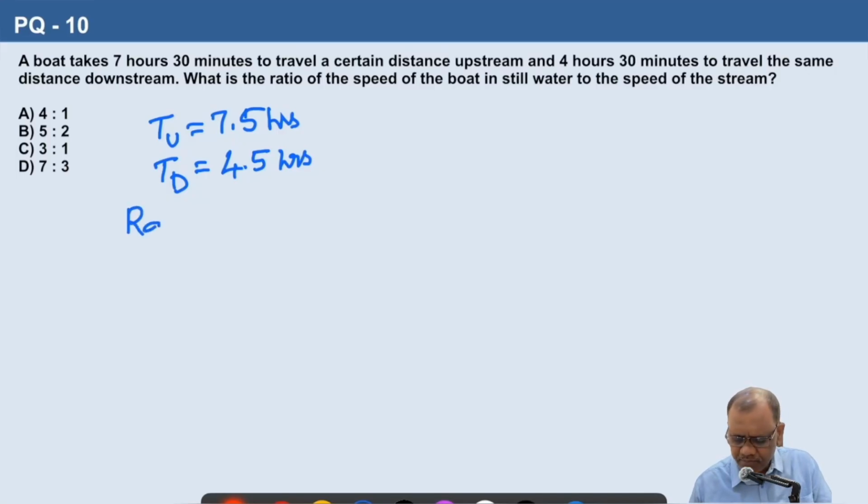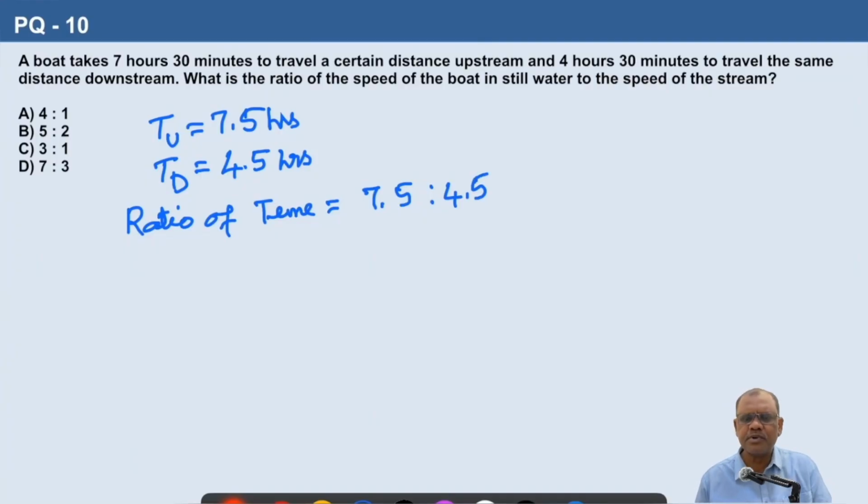Now the ratio of time: 7.5 is to 4.5. There is a decimal point in both terms after one digit. If you multiply by 10, you will get 75 is to 45. If you simplify further, both of them can be divided by 15: 15 fives, 15 threes. 5 is to 3 is the ratio of time.